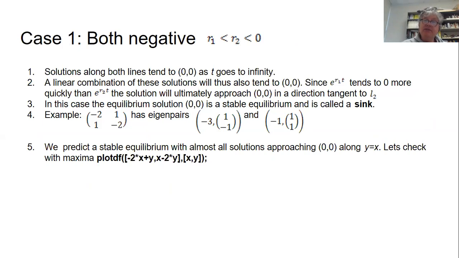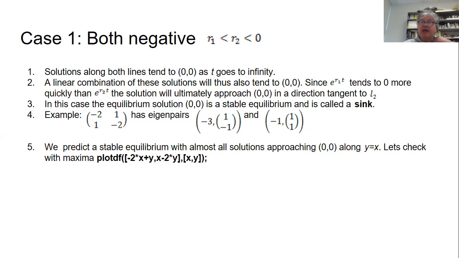Okay, so since the eigenvalues are negative, solutions along both those lines tend to the origin as t goes to infinity. So since both of those solutions go to the origin, any linear combination of those solutions is also going to go to the origin. Now, R1 is more negative than R2, so e to the R1t decays quicker than e to the R2t.